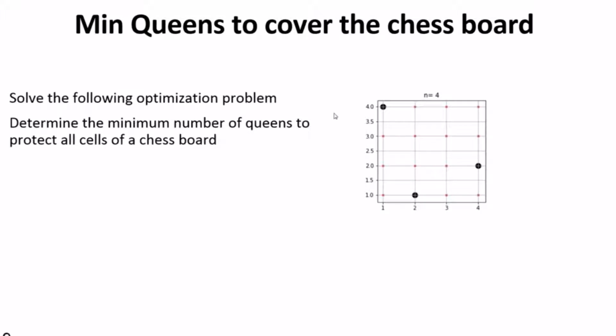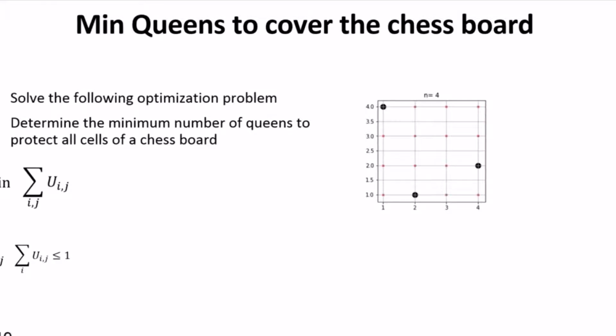Okay, but how can we solve this in general? If we are given an n by n chessboard, how many queens are required? What is the minimum number of them required? So we want to minimize the number of them, so I have to define a binary variable called u_ij, which is telling us at cell i and j if there is a queen or there is not a queen.